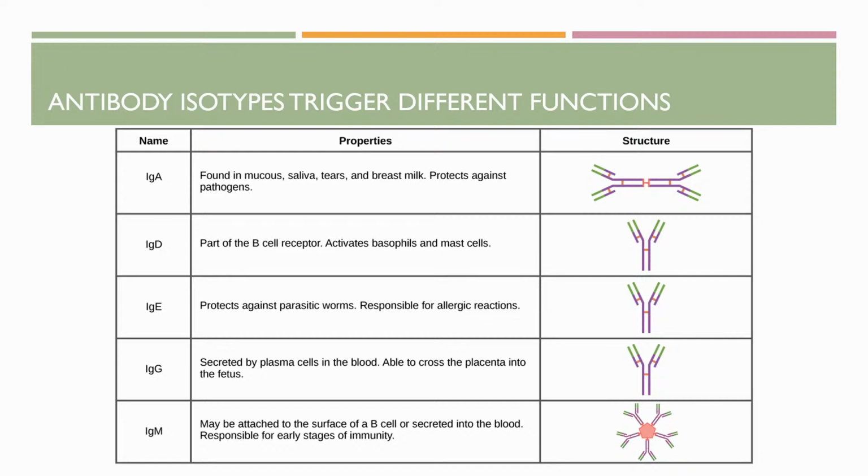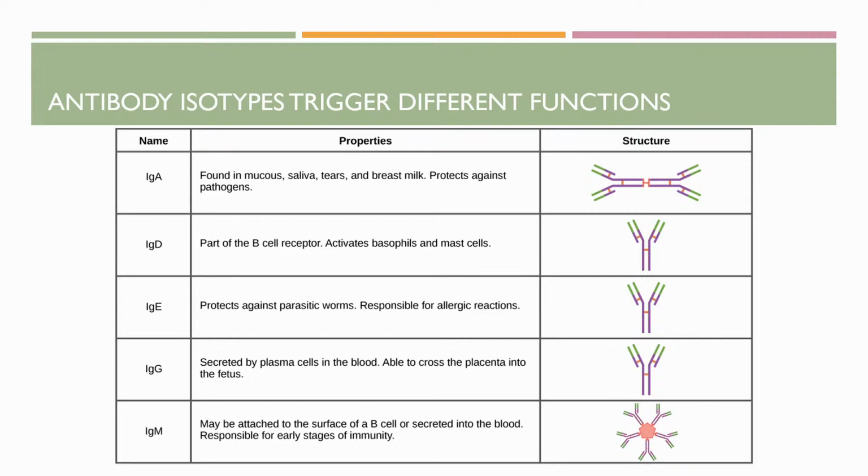You should probably know some of these, but the important ones to remember are that IgE is responsible for allergic reactions, because that's really important in allergies. IgA is found in mucus, saliva, breast milk, and tears. IgD is part of the B cell receptor; you don't really have to know that one.